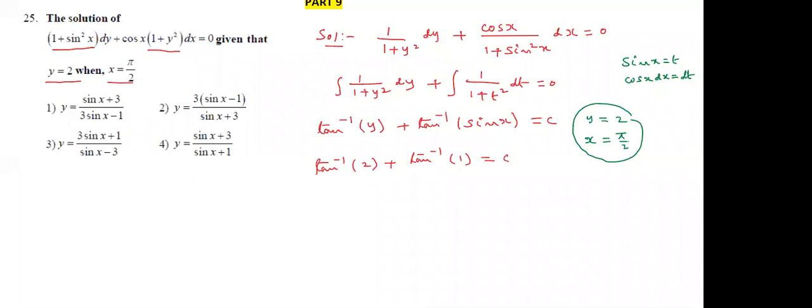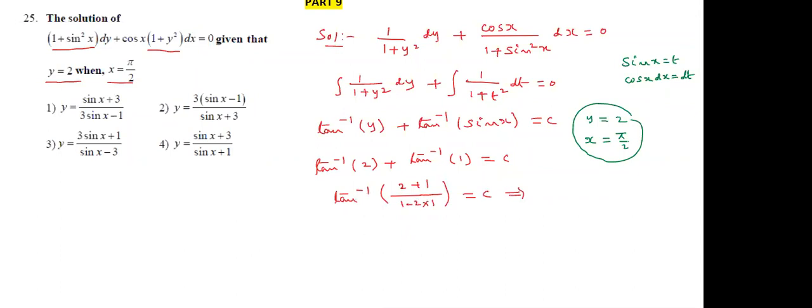This is in the form of tan inverse of x plus tan inverse of y. What is the formula? Tan inverse of (x plus y) by (1 minus x into y) is equal to c.